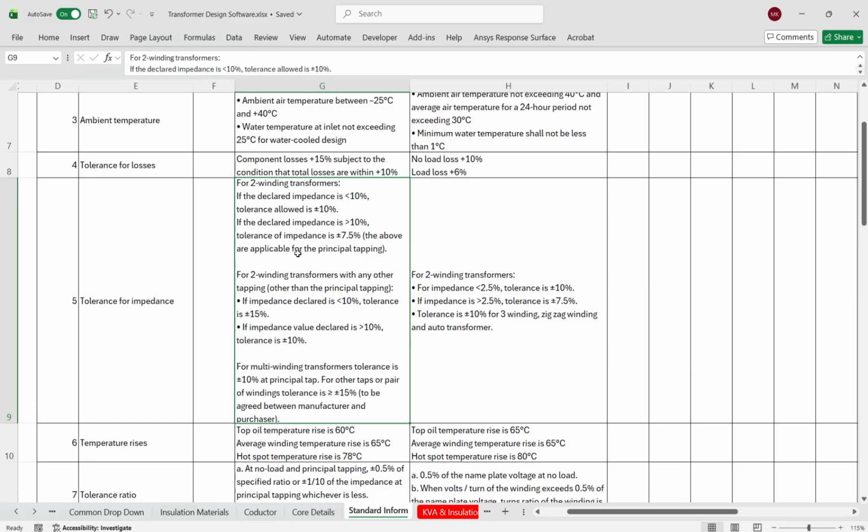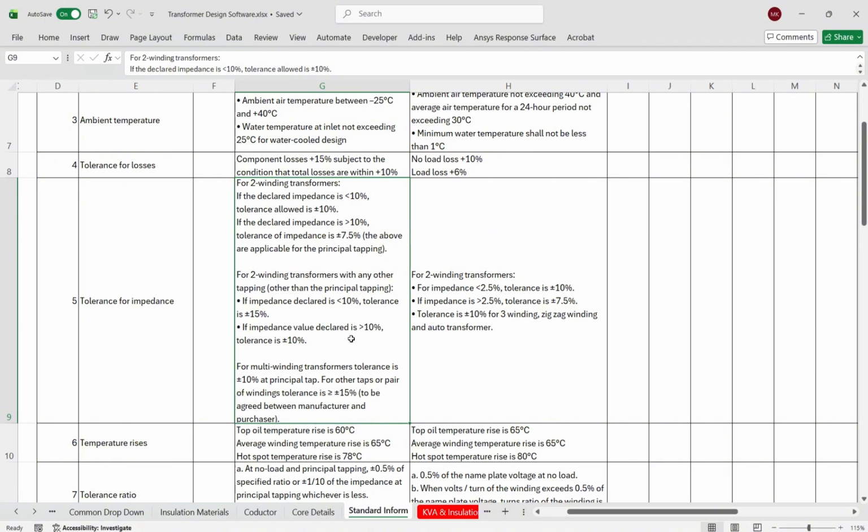The above are applicable for the principal tap. For two-winding transformer at other taps than the principal tap, if the impedance declared is less than 10%, the tolerance is plus minus 15%.